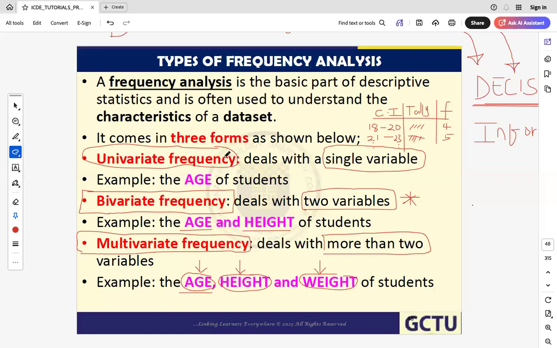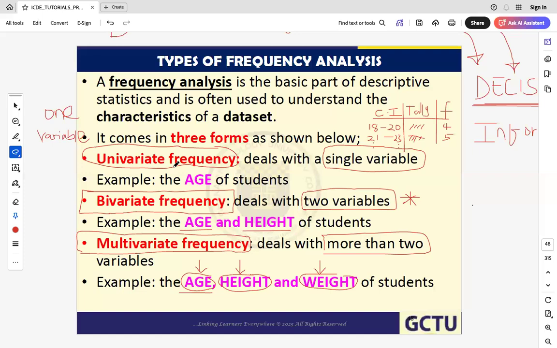Univariate frequency technique in frequency analysis. The word uni means one. And the variate you are seeing here is coming from the word variable. So univariate frequency means one variable frequency.